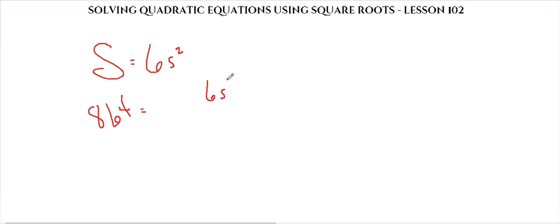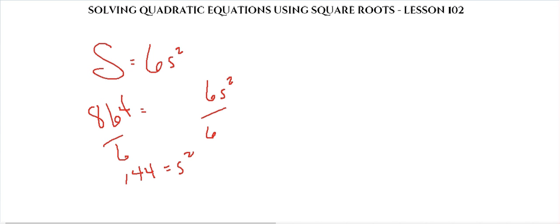Substitute 864, they said, was the surface area. Divide by 6 comes to 144.